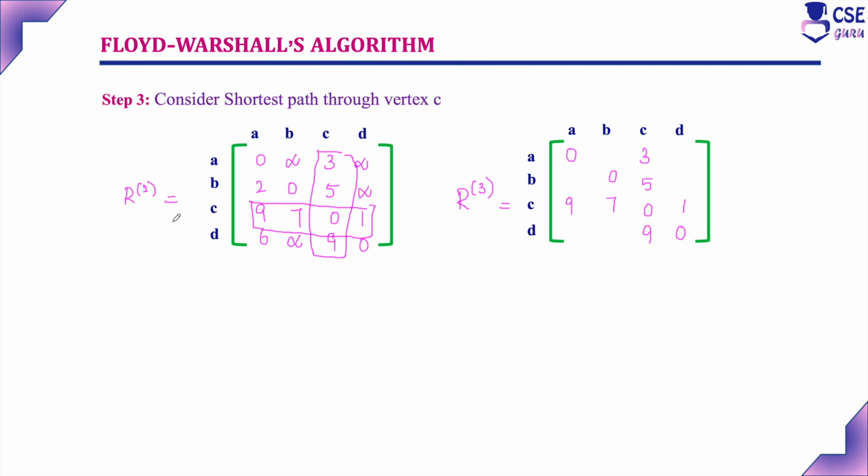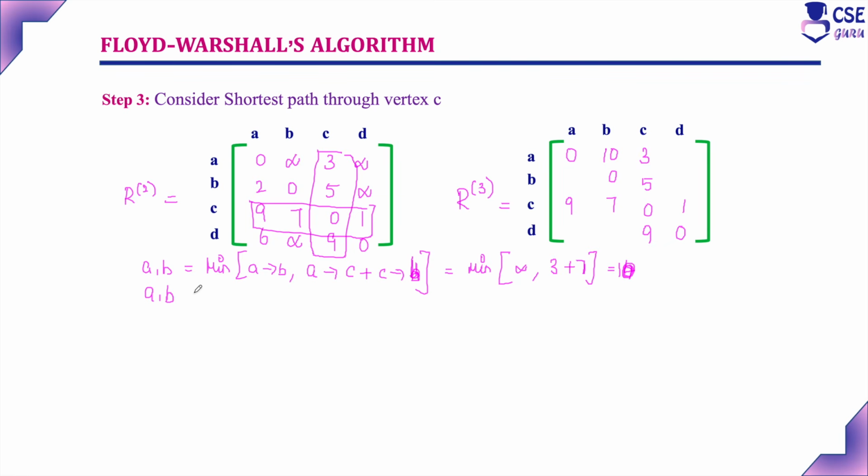That is A to B. So minimum of A to B, comma, through the vertex C, so A to C plus C to B. Minimum of already A to B, the value is infinite, and A to C is 3 plus, so the distance we will get is 10.